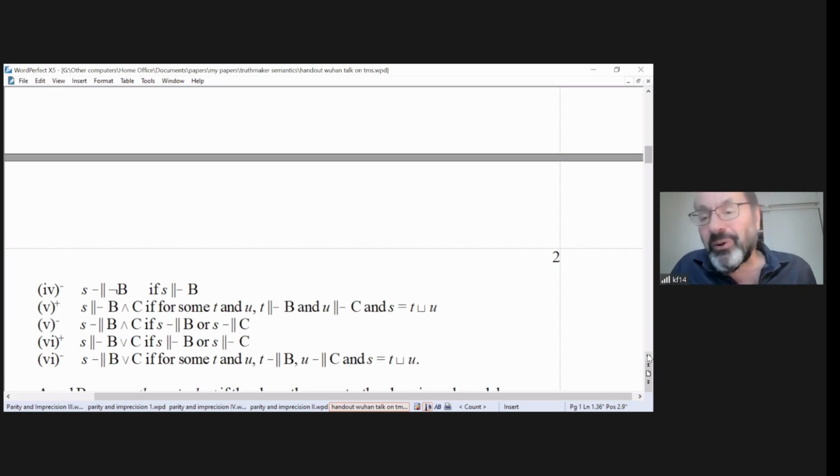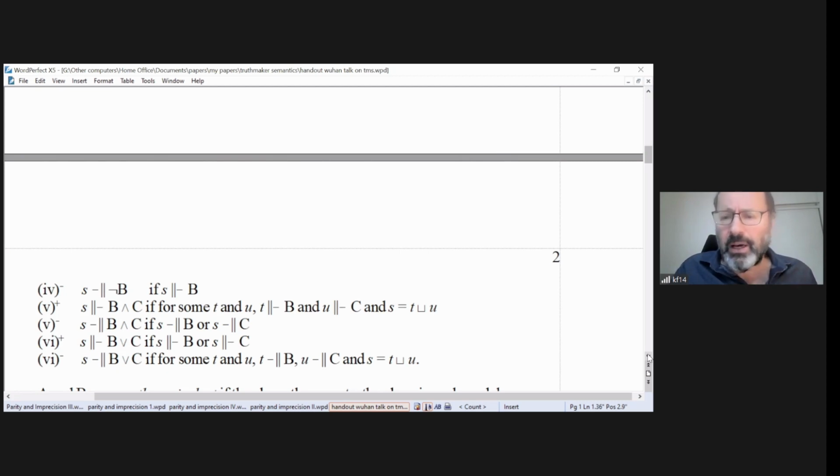And this clause for conjunction is one of those distinctive features. Okay. In fact, you can give a kind of proof that exact truthmaking can't be defined in terms of inexact truthmaking. But anyway, the general philosophical point holds regardless of that.